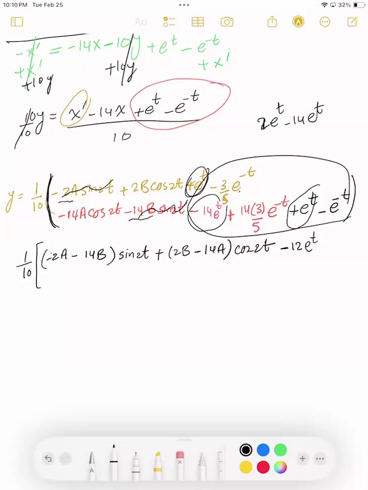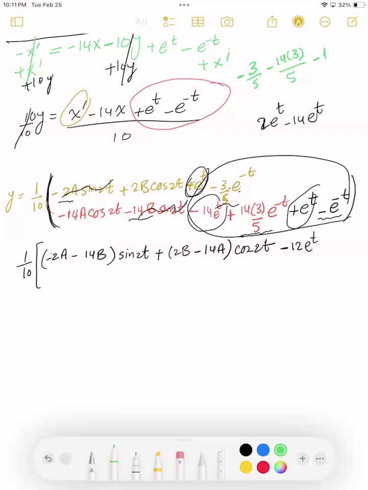For negative e to the negative t, I have this one and this one. So I have a negative 3/5, I have a positive 14 times 3 over 5, and then we have a negative 1 for e to the power negative t.